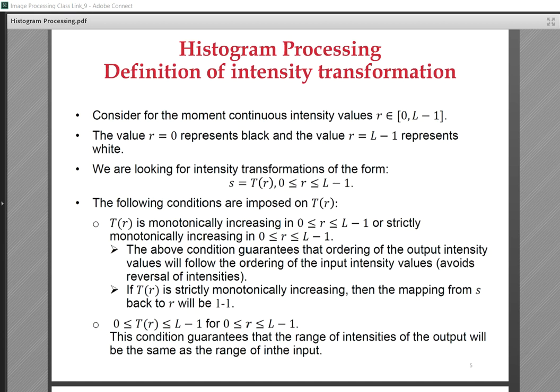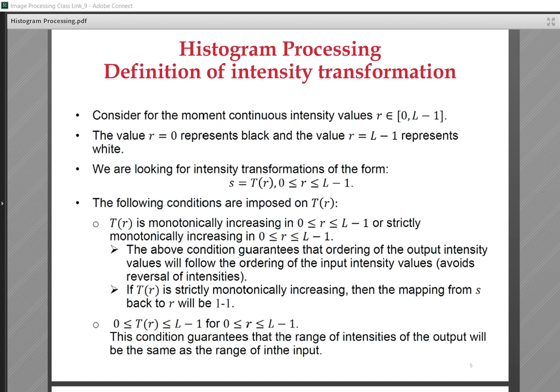We are looking for intensity transformations of the form s = T(r), okay, all over the range of grayscales, for enhancing the histogram of the image. Okay, the following conditions are imposed on T(r).